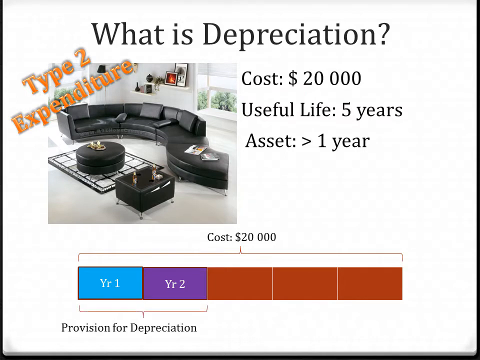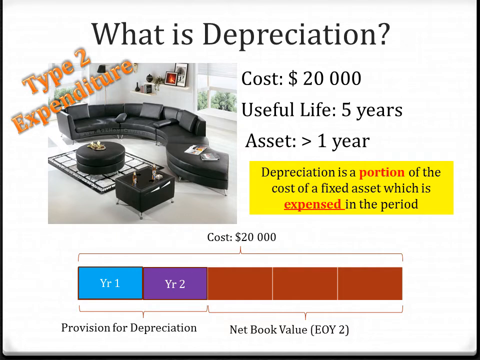Together, year 1 and year 2 form the total provision for depreciation so far. So your net book value at the end of year 2 is now left with 3 boxes. I am assuming, with this depreciation policy, that I have still not touched or not used these 3 boxes. I hope that's clear.